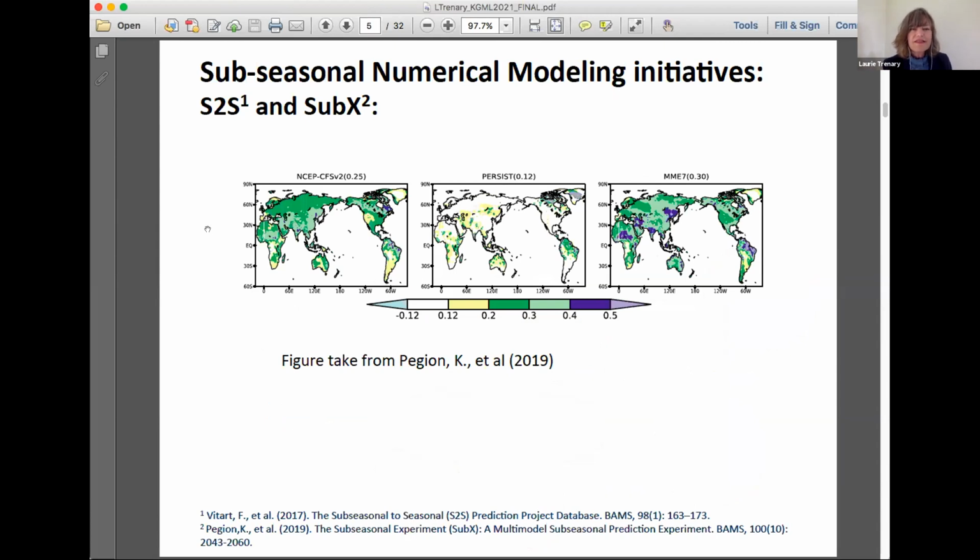This figure is showing an example of the skill in terms of anomaly correlation for two operational systems on the left and right, and a persistence benchmark in the middle. You can see that the operational forecast systems are doing better than the benchmark, but the correlations are still between 0.2 and 0.3. So, at best, it's explaining almost 10% of the variance. So there's room for improvement.